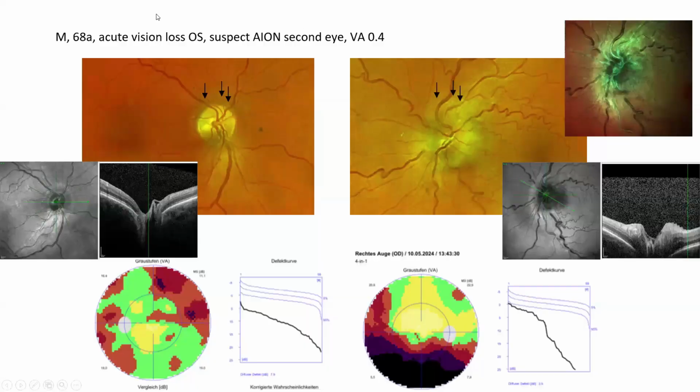So this is a patient, 68 years old, with acute vision loss on the left, and suspected anterior ischemic optic neuropathy. He had already had such an event on the right-hand side and came now acutely with a swollen optic disc and visual field loss in his former better eye.